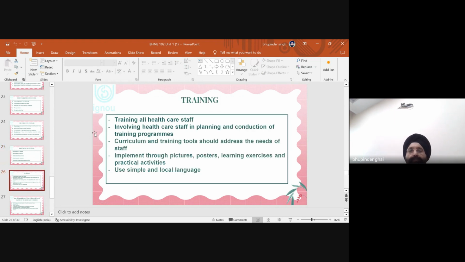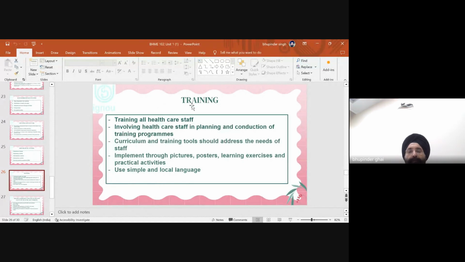Next is training. Training is very important for all healthcare workers. With the training, you can tell them about the hazards at the workplace, what risks the workers are exposed to because of those hazards, and how to minimize them.